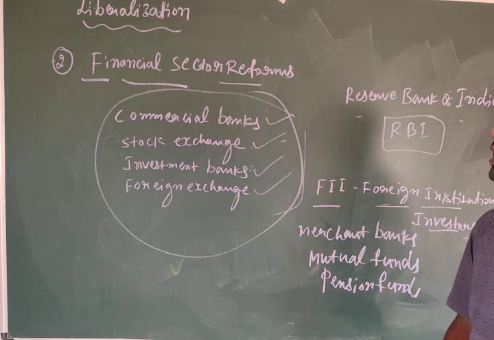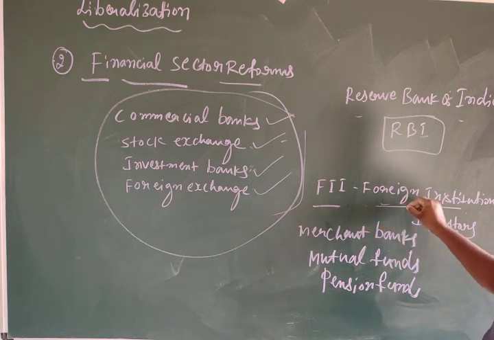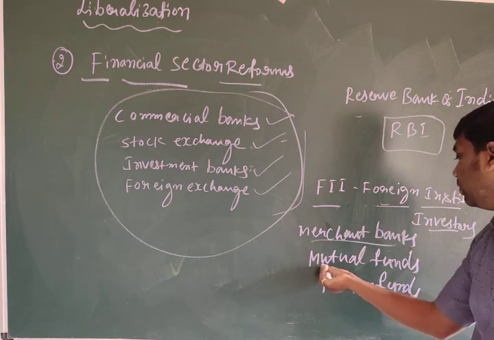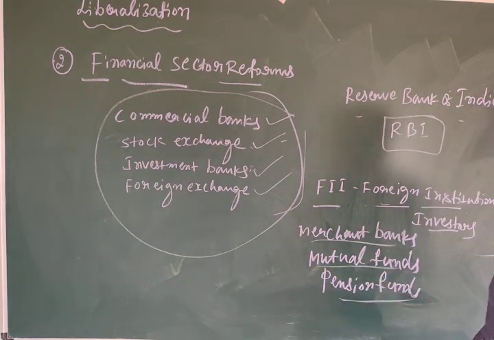Now, with the help of liberalization measures, even foreign countries can invest in our country. They are called merchant bankers, mutual funds, pension funds. So through this, income is also received from other countries into our country. Other countries can invest in our country, and our country can also invest in other countries.